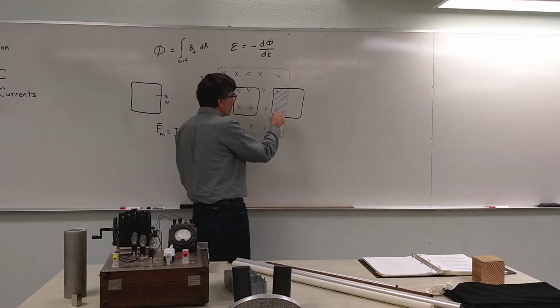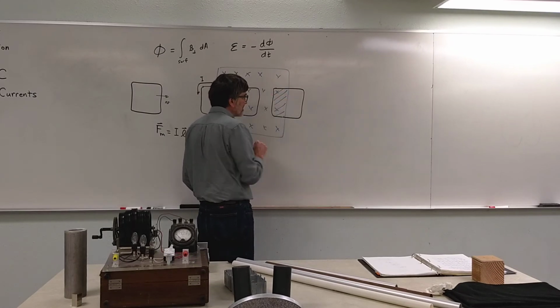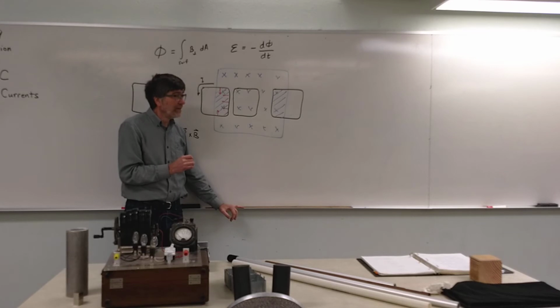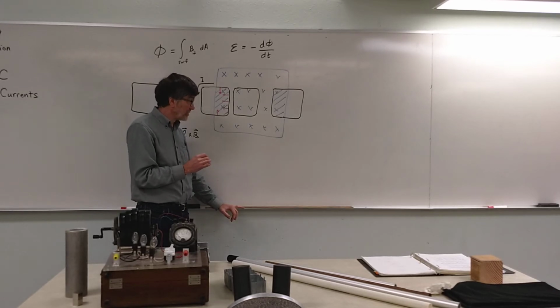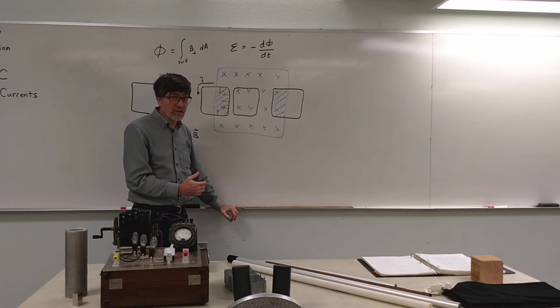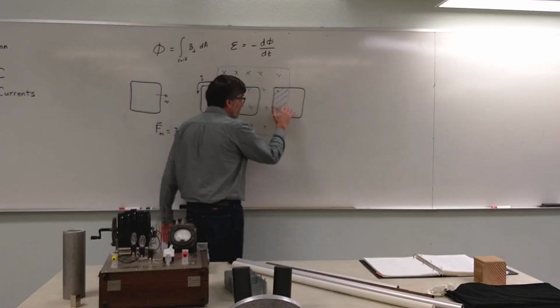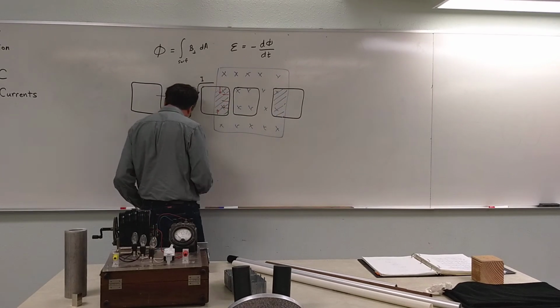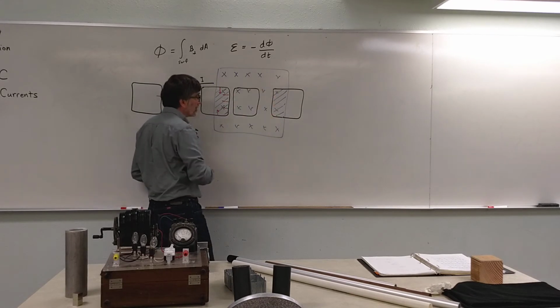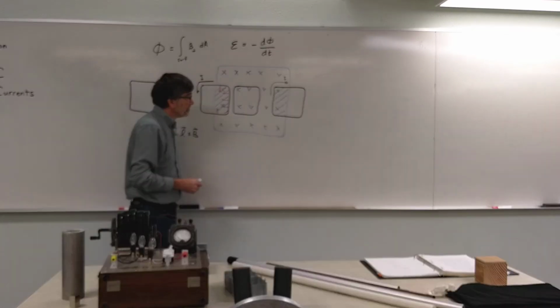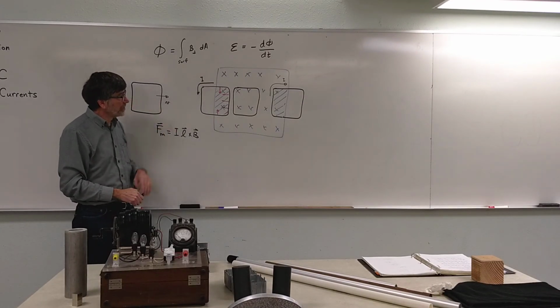So now you've got flux going this way, but it's disappearing. It's going away. And so the current flows in such a way as to replace what is going away. And so current will flow so that my fingers go the same direction. You end up with current going this way around the loop. That's the opposite to what we had here.